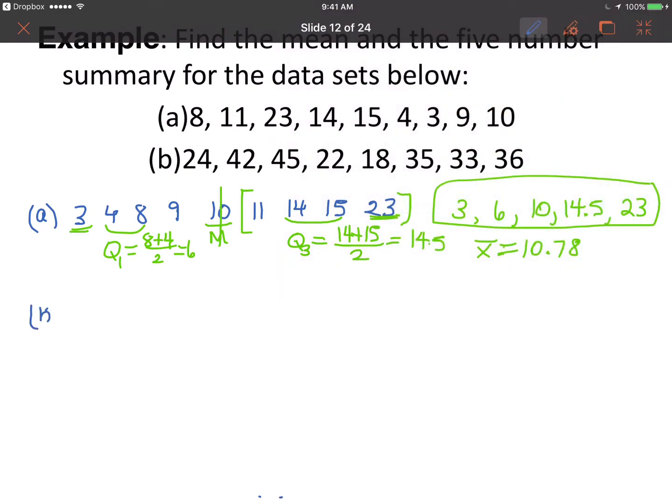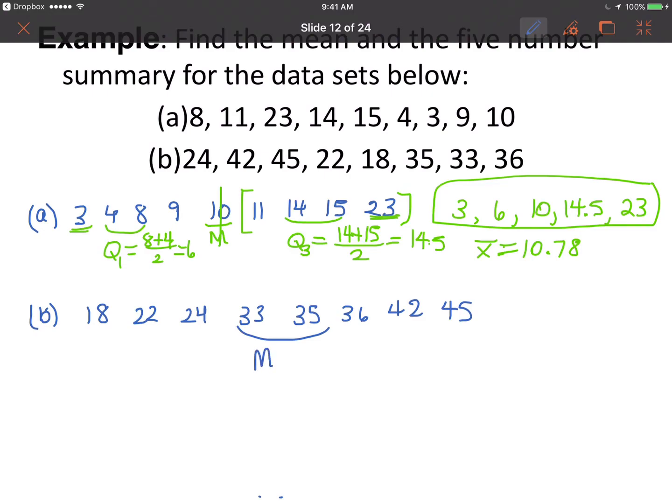For part B, when you put the numbers in order, you get 18, 22, 24, 33, 35, 36, 42, and 45. Here there are 8 numbers, so there are 2 numbers in the middle, 33 and 35.